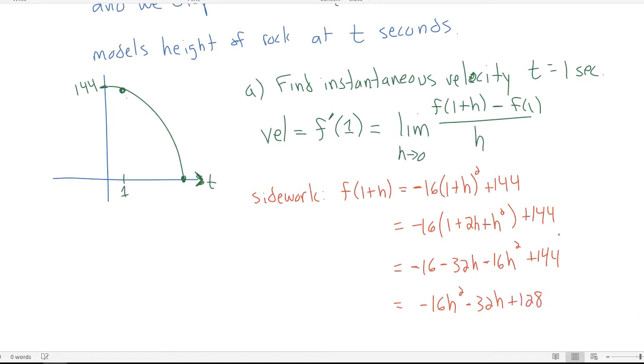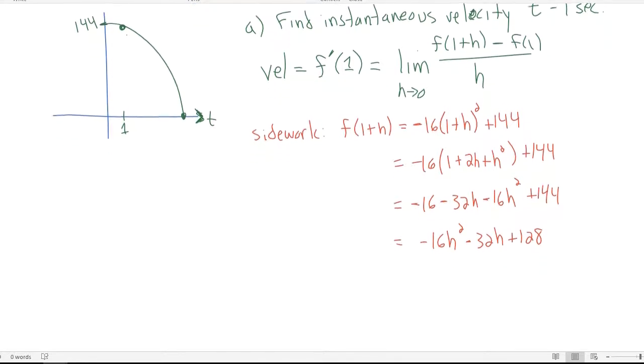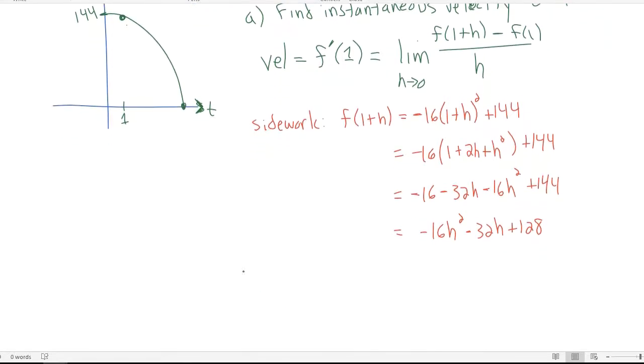Now, keep in mind if I look at my numerator, what I want to then do is subtract f at 1. So let me just rewrite over here in my side work what we're doing. We're doing f at 1 plus h minus f at 1. So here's my f at 1 plus h that we just simplified.